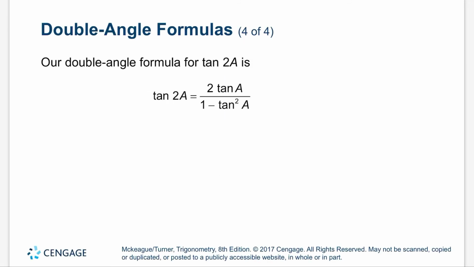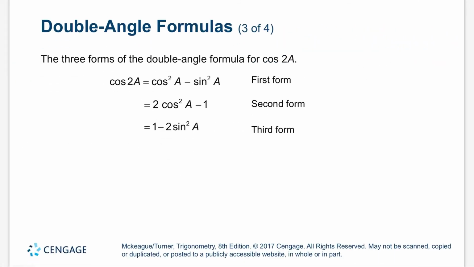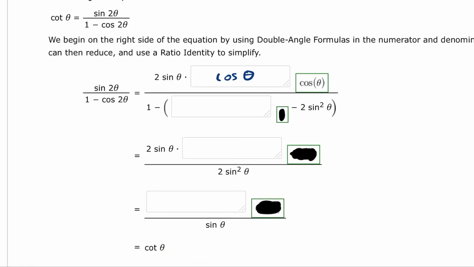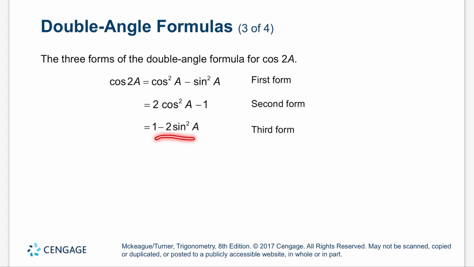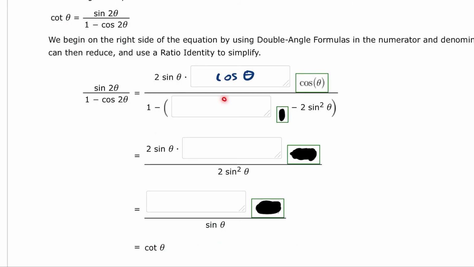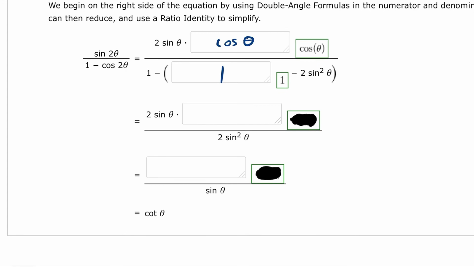So let's see which version makes the most sense here. Of these 3, I think it's going to be the first one. Or actually, no, it's going to be this one right here, the third one. 1 minus 2 sine squared.